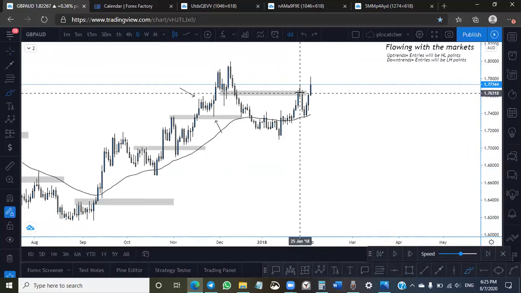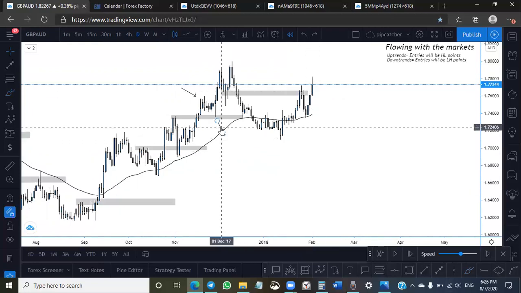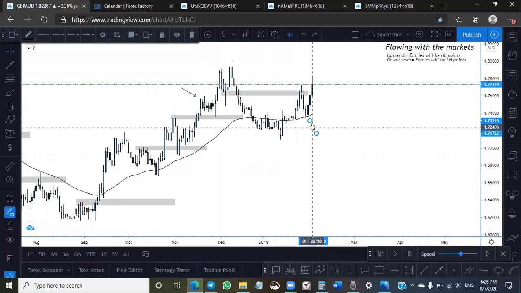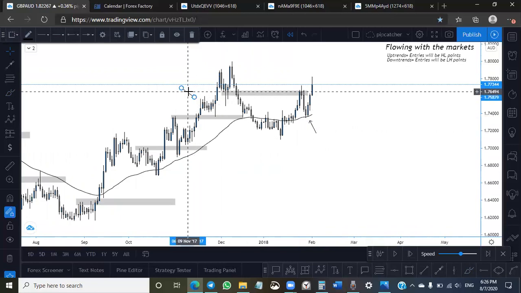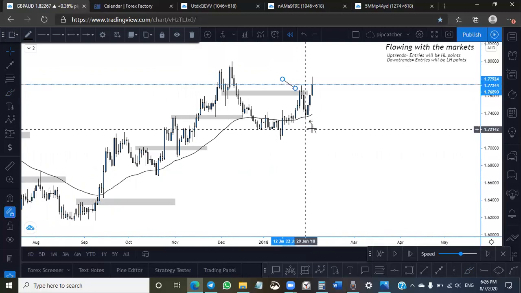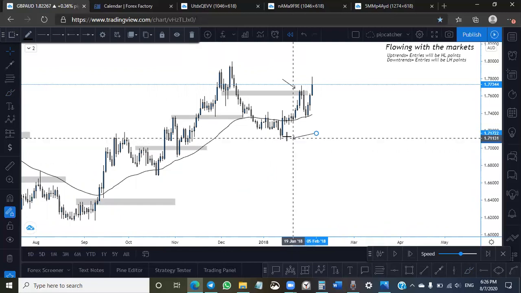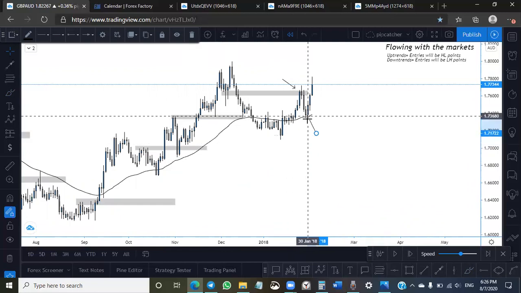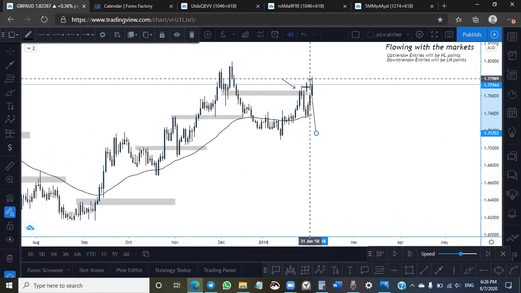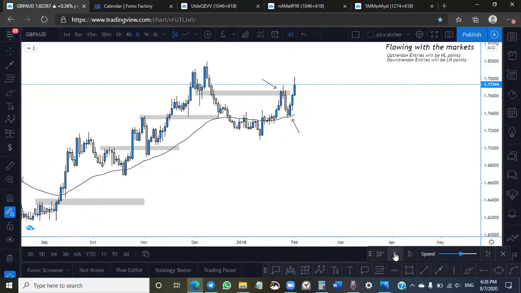We actually broke up above, and then you guys see we have a new higher low and a high right here. And this structure didn't come lower than this. So this can potentially be a higher low, signifying that the market wants to go higher. Okay, so let's play this out.